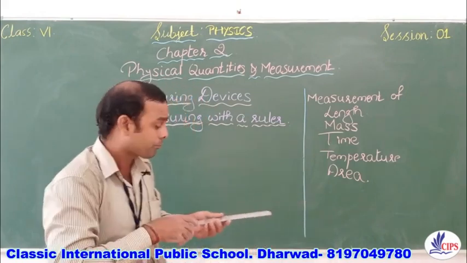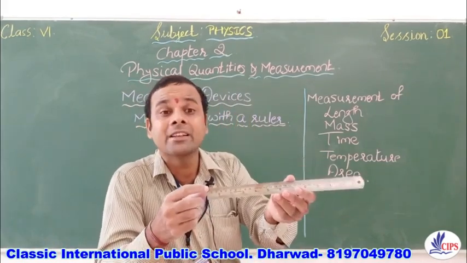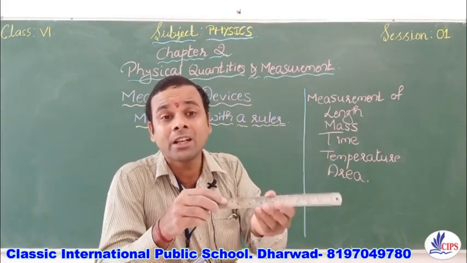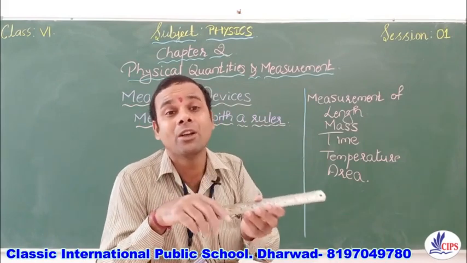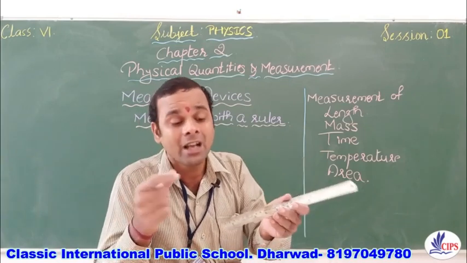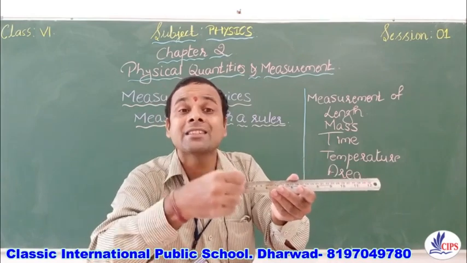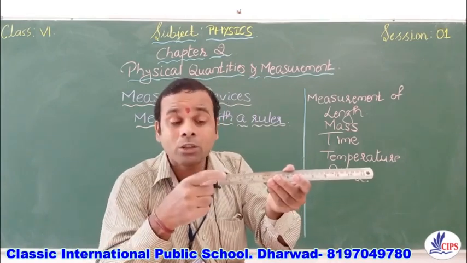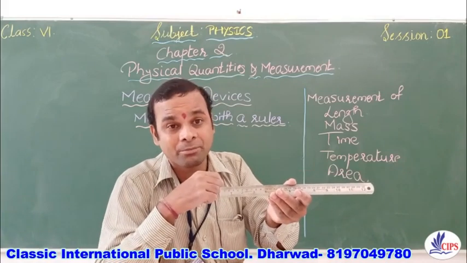Suppose you are interested in using this ruler for making a measurement. Before measuring with the ruler, what must you consider? You must have knowledge about what these ticks, these lines, indicate. Without understanding the lines, you cannot measure, right?